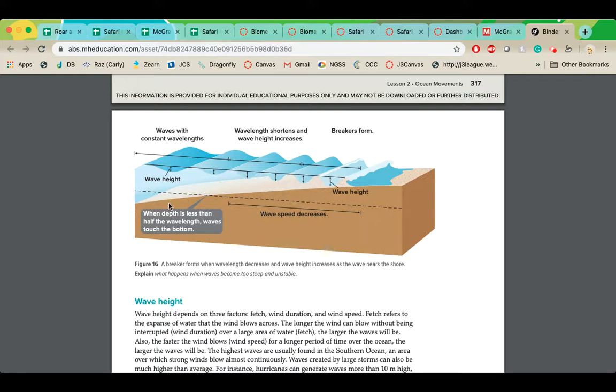So, depending on what the ground looks like underneath, if it's very sandy and gradual, you'll have waves that slowly give away their energy and they're not breaking very large. You can also have beaches that are shaped at more of an angle where all that energy comes and hits at once, and it will break on the shore very violently.